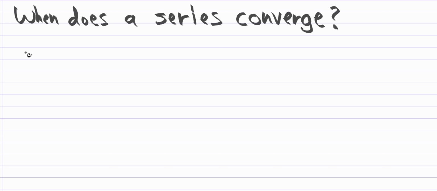The first, most important tool basically will tell you if a series diverges. It's a little weaker, of course, than convergence, but at least it tells you where not to go looking. And so this is called the divergence test.